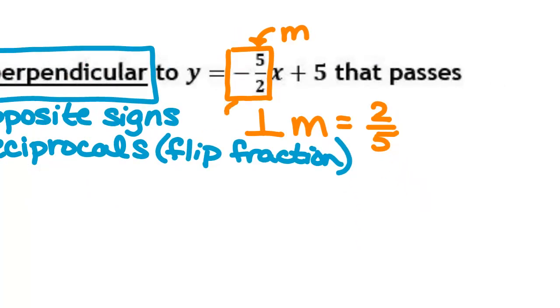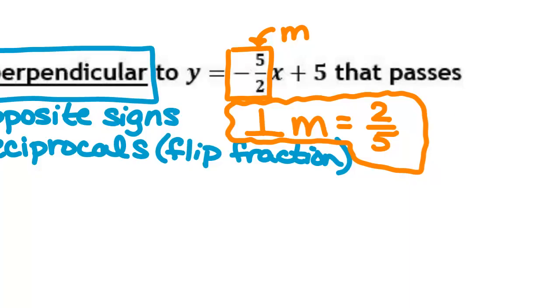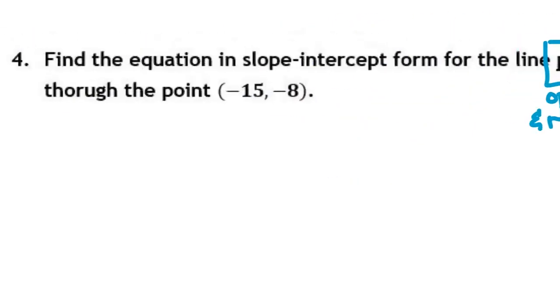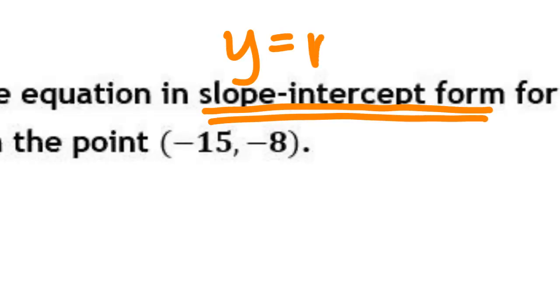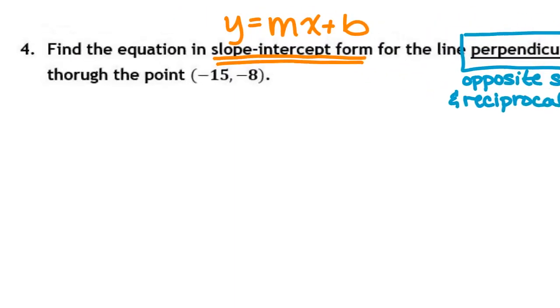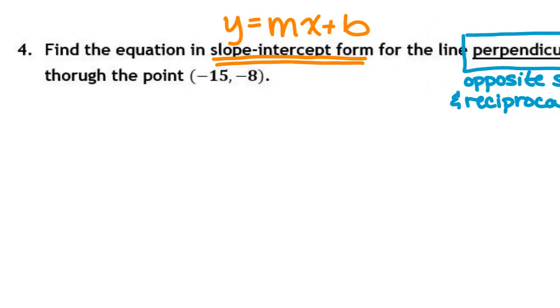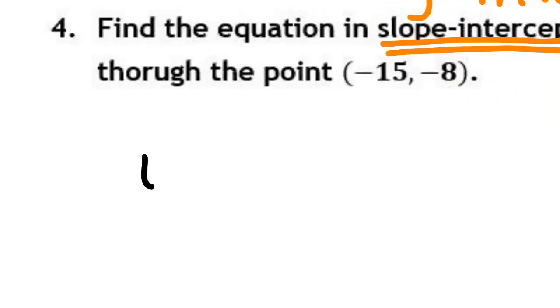This is what we're going to use to find our equation. And just like before, I want my answer in slope-intercept form. So my answer needs to be in the form of y equals mx plus b. So we're going to use point slope form again.